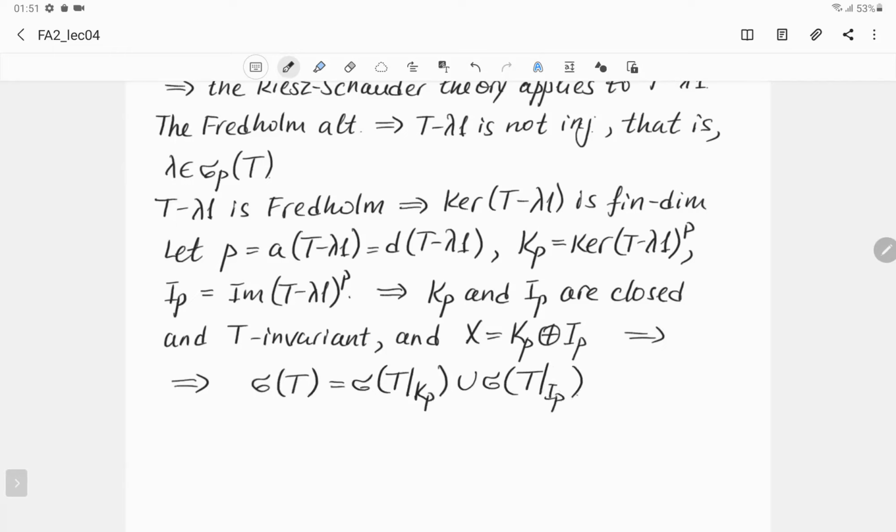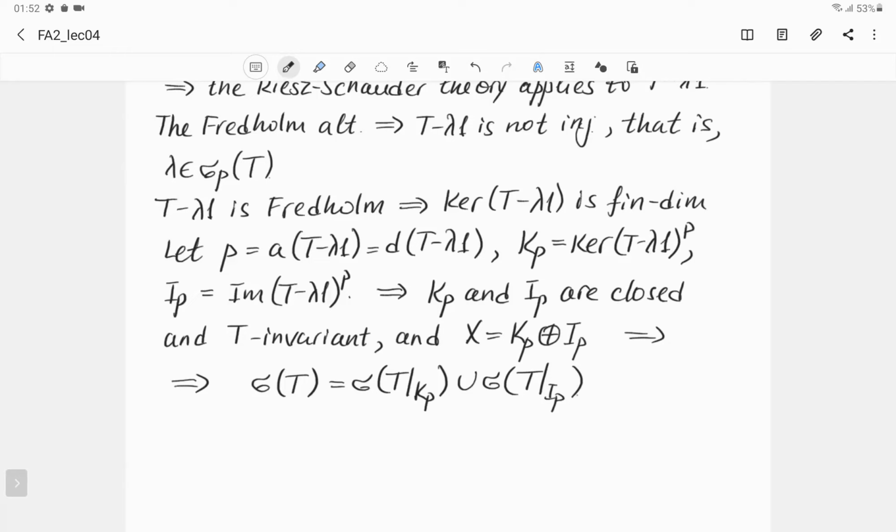This is equivalent to saying that such an operator is invertible if and only if the restriction of the operator to both the subspaces is invertible. So it is not invertible if and only if at least one of them is not invertible. Okay.